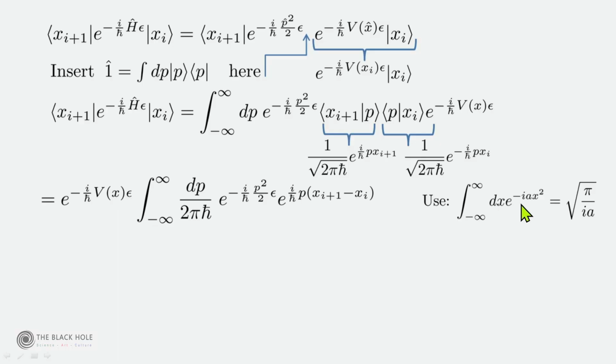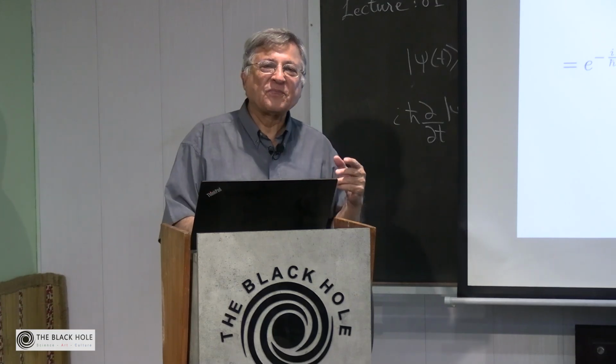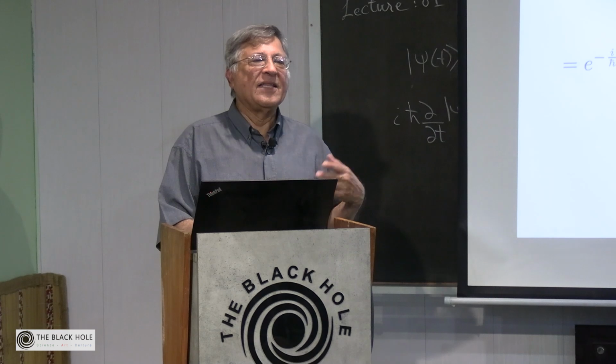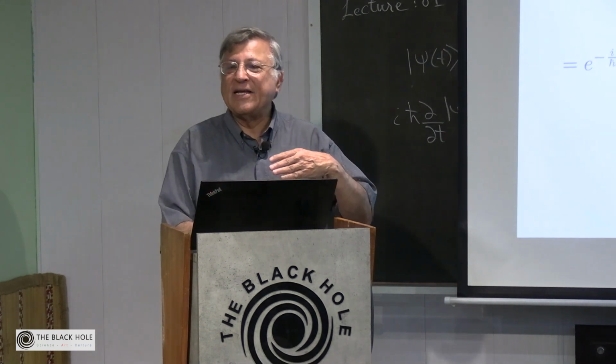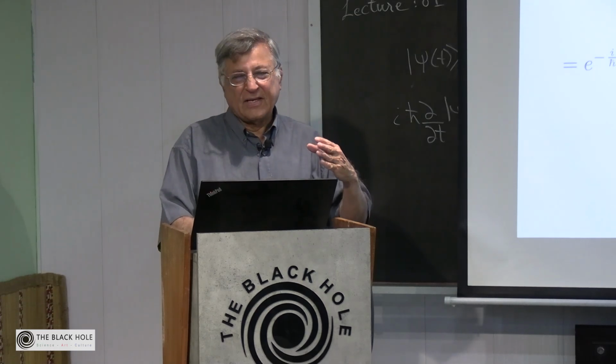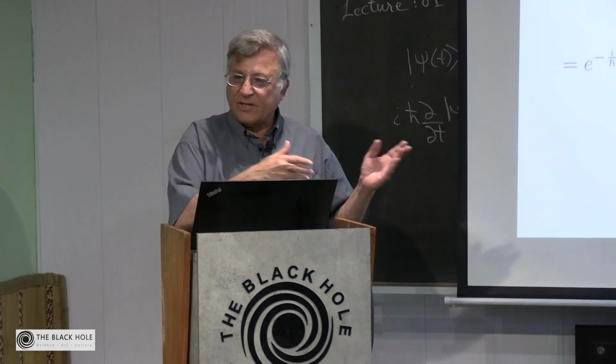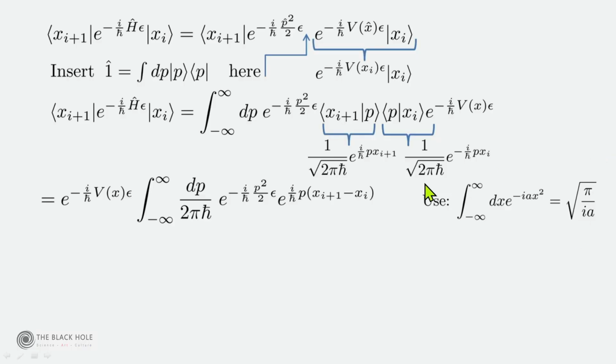Of course, there's always the thing that worries. This is an oscillating function, e to the minus i, and this is oscillating. It's not damped like in real Gaussian integrals. So how do you handle this? The answer is you make an analytic continuation, or you slightly deform the path of integration. Unfortunately, we don't have time to do that, but just look up any book if this is mysterious.